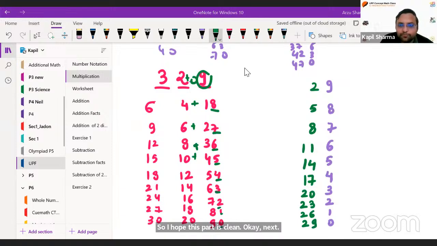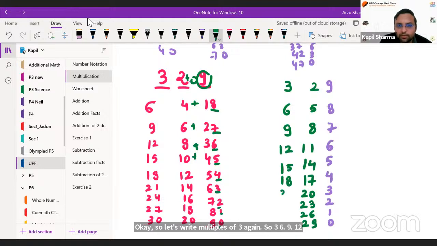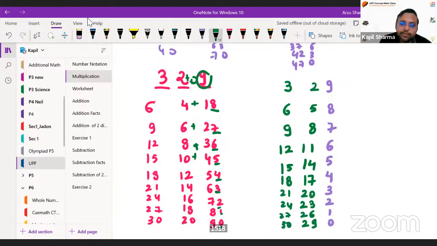Okay. Next, what do we have to do? So first we will again write the multiples of 3 here. So 3, 6, 9, 12, 15, 18, 21, 24, 27, 30.